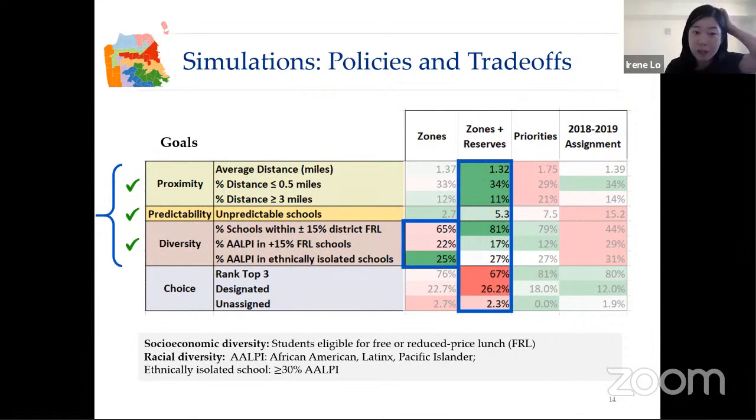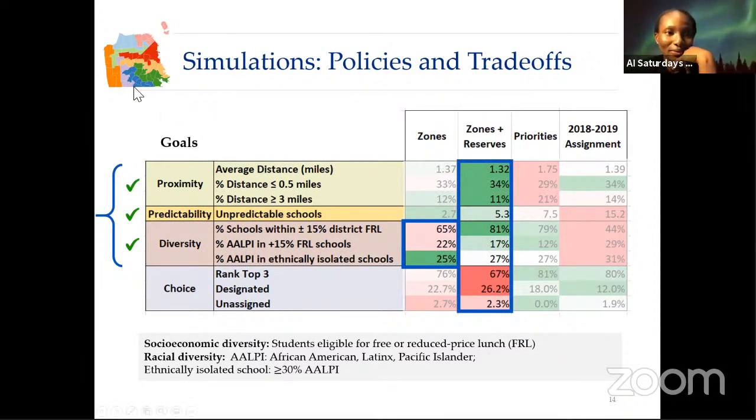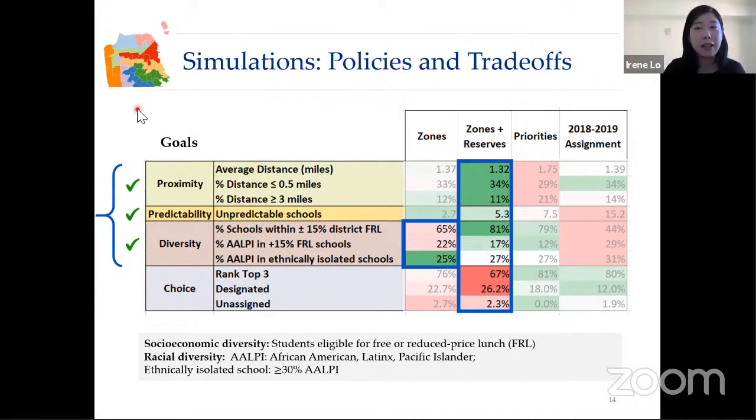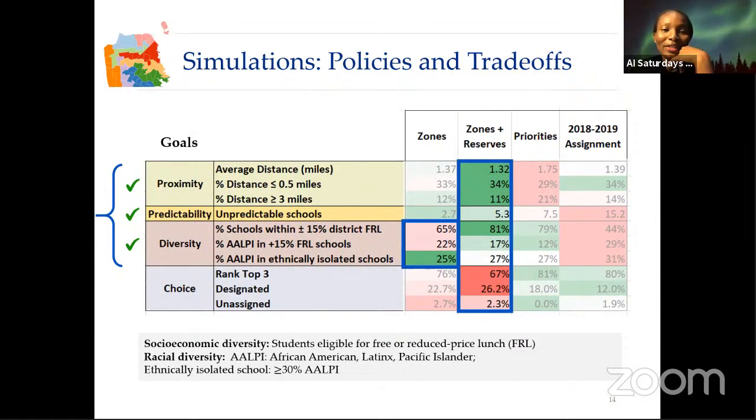So they're segregating within the zones. Does that make sense? Yeah, so because there's still choice within the zone, people are self-segregating when they choose. But if we put in the reserves, then we, at every school, can have a better mix of students from different backgrounds.